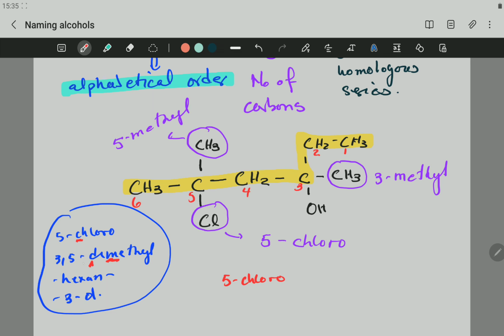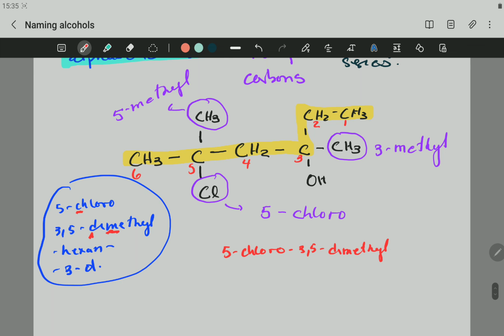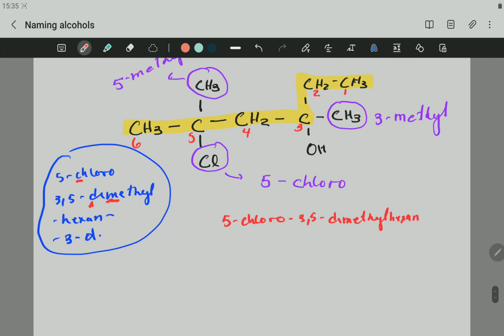Now come the other substituents. 5-chloro, dash between numbers and letters, 3,5-dimethyl. Now the number of carbon is the base, which is hexane, dimethylhexane together. And then the last part is the homologous series, hexan-3-ol. This is the name of this specific compound.